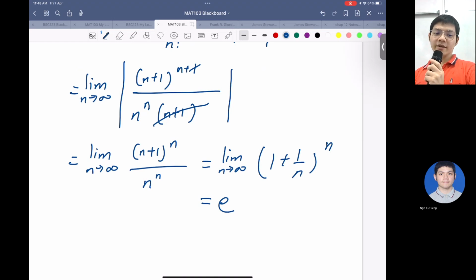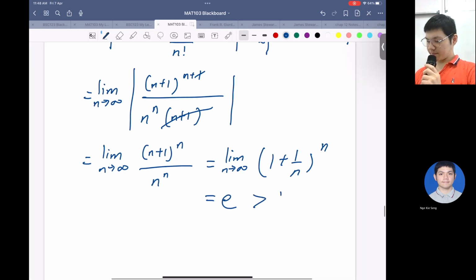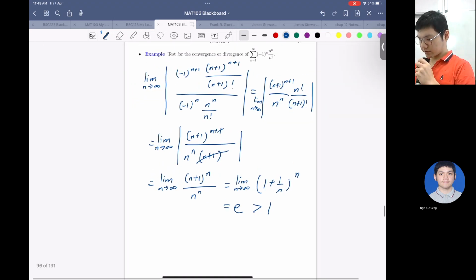I don't think you can solve this by just bringing the limit inside. I forget how to solve it, but some trick needs to be used. If you're interested, you should go and find out why this limit is e. I don't think it's hard, just some trick you need to use.